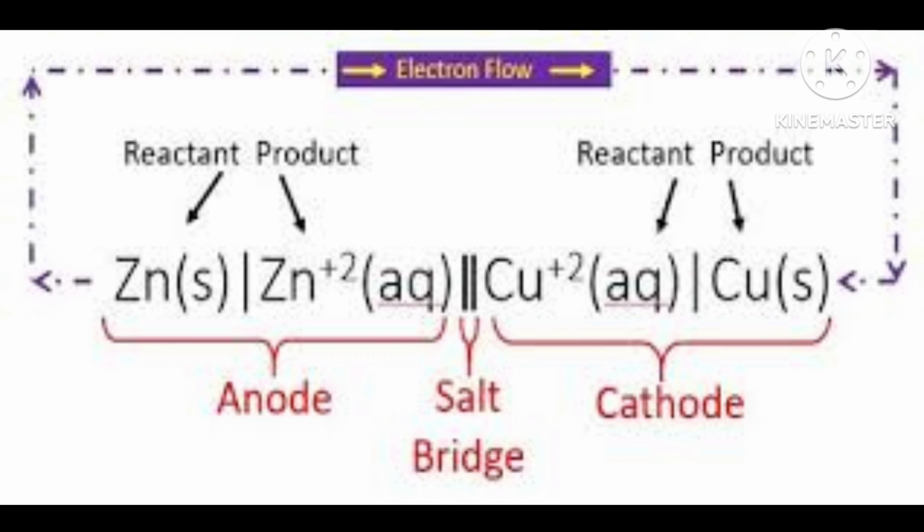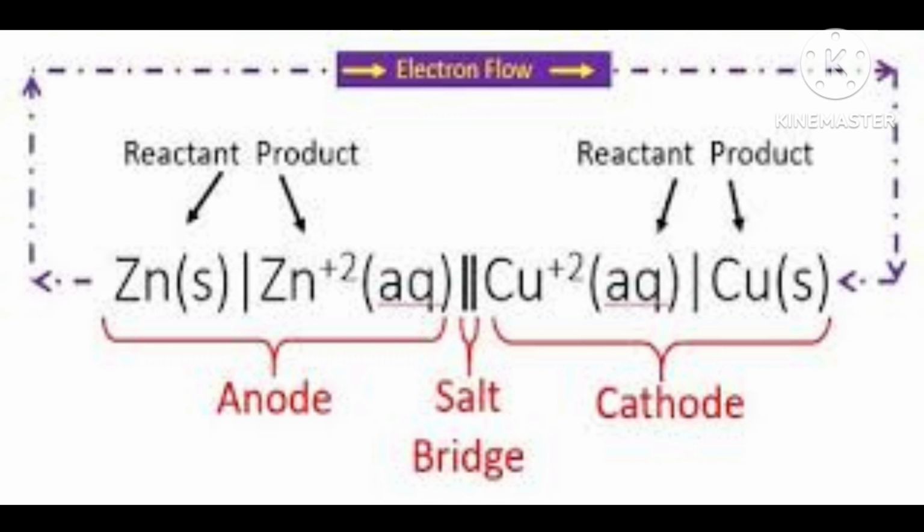Both is equal to minus 0.76 volt. The hydrogen electrode potential you know is 0. Then 0 plus the Zn electrode potential is equal to minus 0.76. Correct?